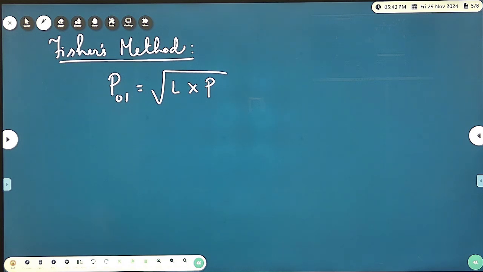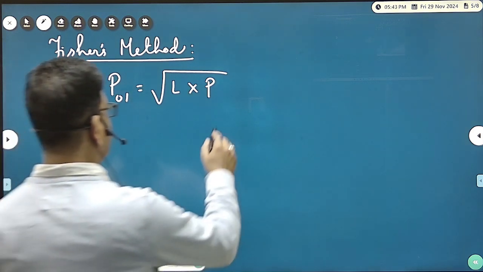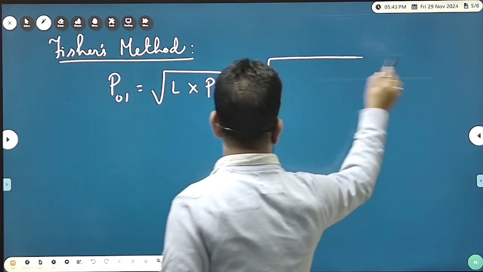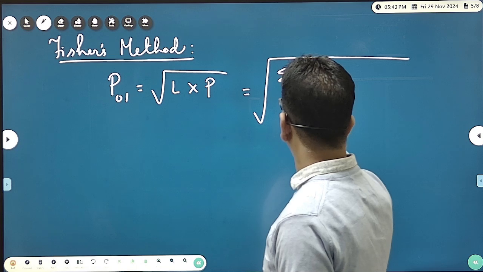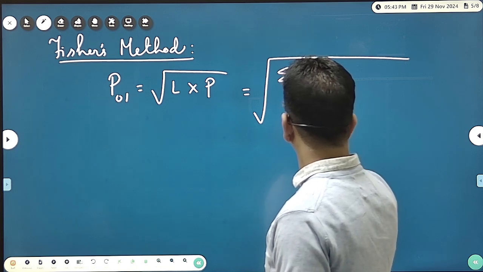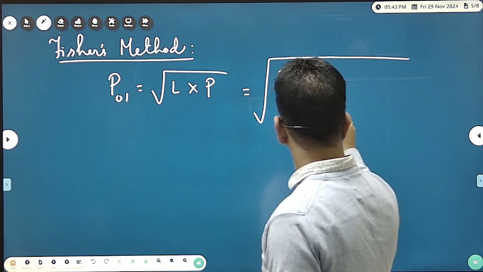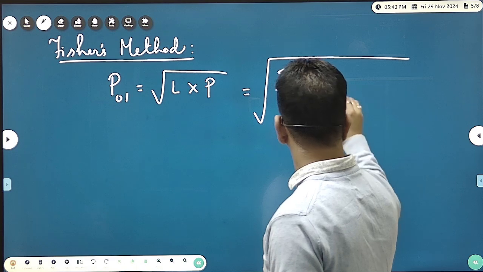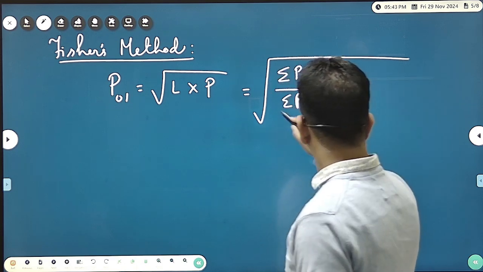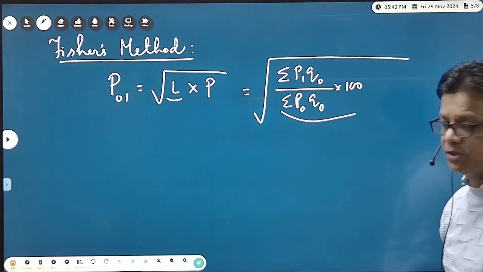Fisher's method is just to take the square root of the product of price indices obtained from Laspeyres method and Paasche's method. That means in Laspeyres method it was summation of P1 Q0 whole divided by summation of P0 Q0, then multiplied by 100. This one is L, that means by Laspeyres method.